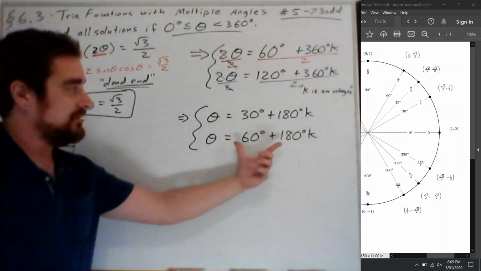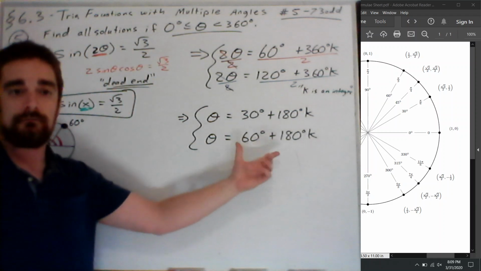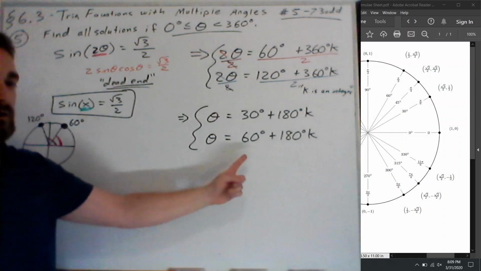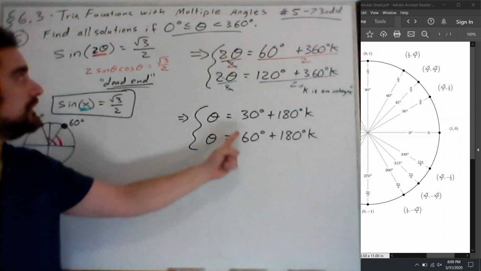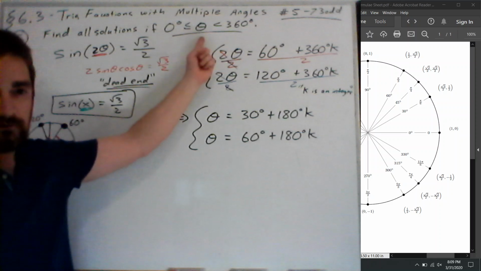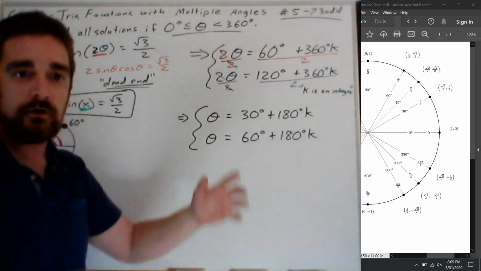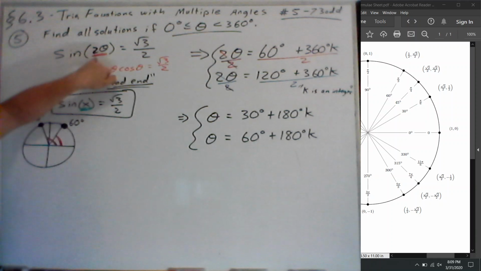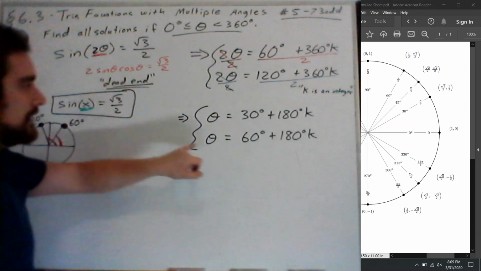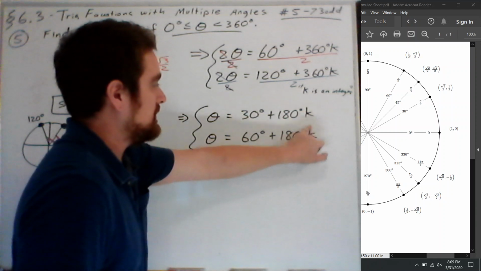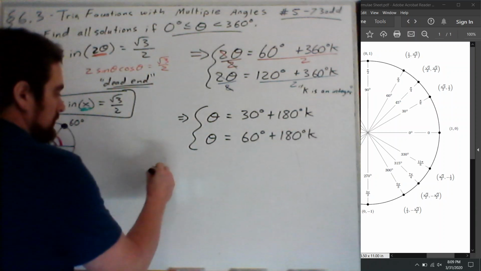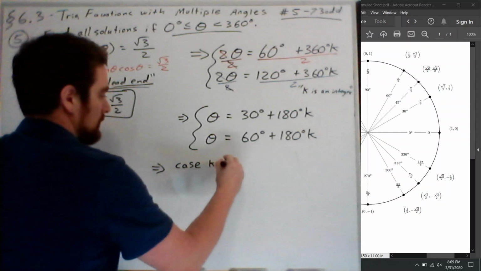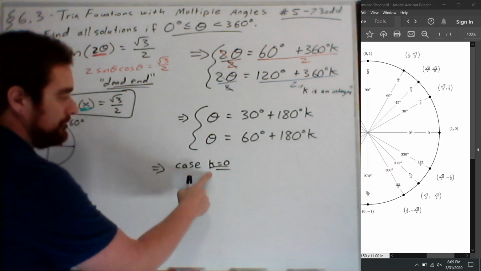Okay, now every single solution for this equation has this format. But do I want every single solution? No, I want to be very specific and stay between 0 and 360 degrees. So what I need to do is look at this multiple and break this down on a case-by-case basis. I'm going to look at the case where k equals 0.